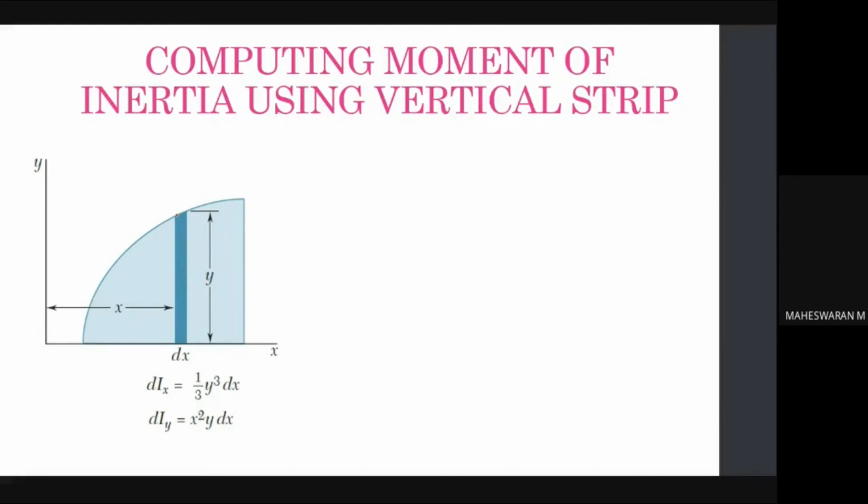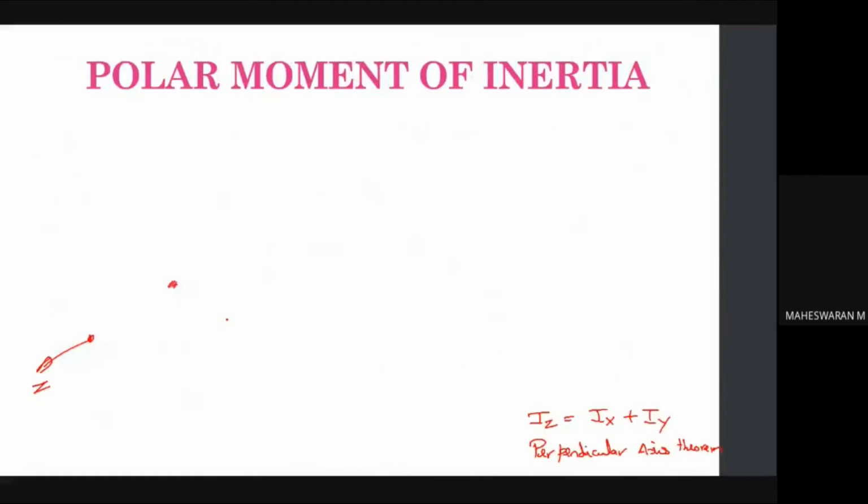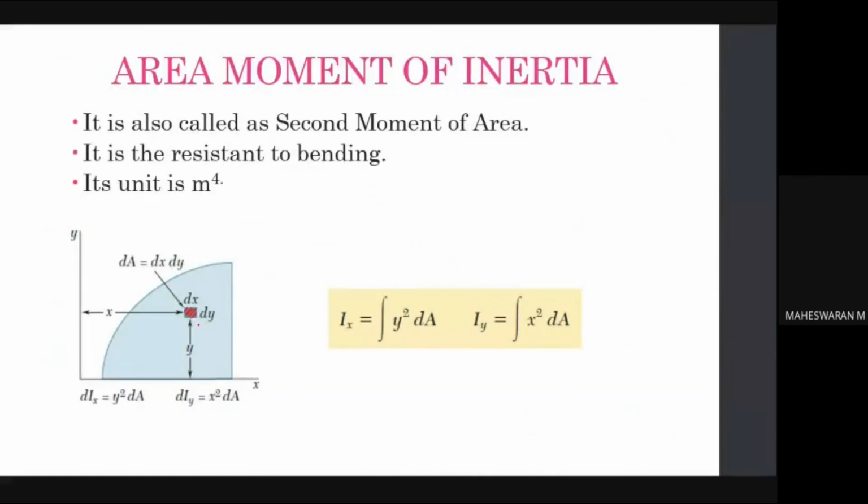So I always consider a vertical strip. Previously I showed something like this, right? You can see you have a horizontal strip, so for this you should use one horizontal strip and one vertical strip, right? Sorry, this is a vertical strip, you have to use a vertical strip, and for this one you have to consider a horizontal strip.